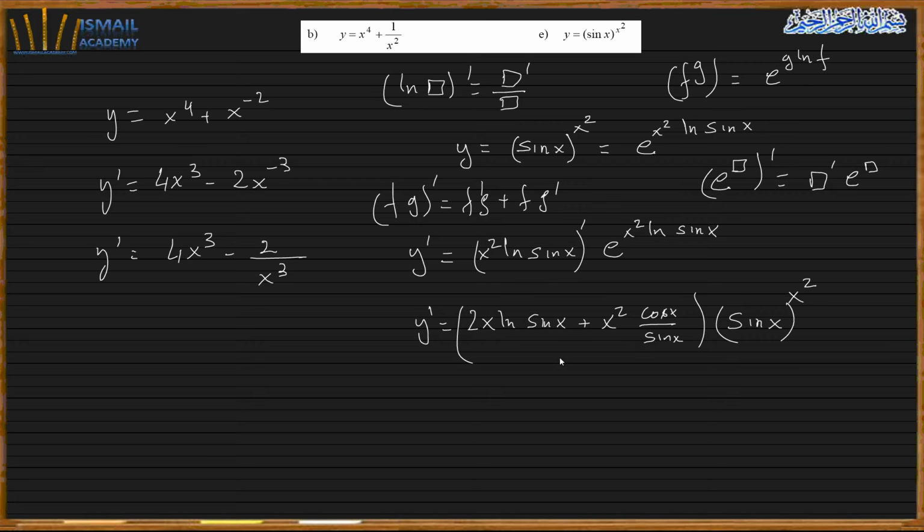Can I simplify here? I don't think so. So I will leave it like this. So it's going to be 2x ln of sine x plus x squared cosine of x over sine x, the whole thing times sine x to the power of x squared.